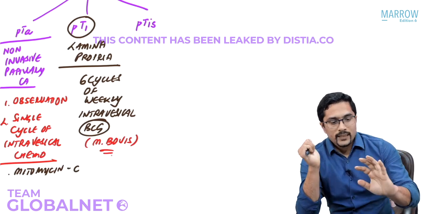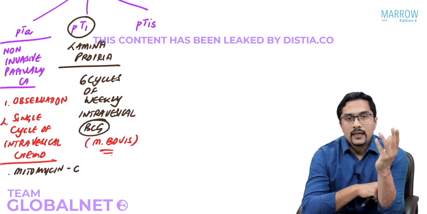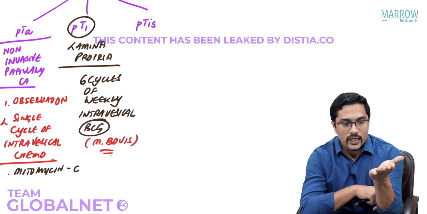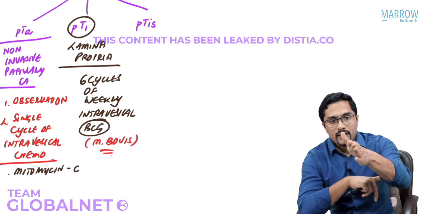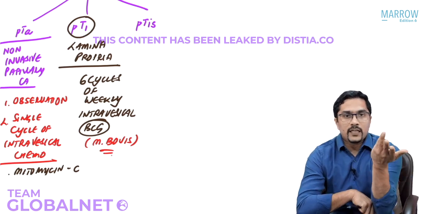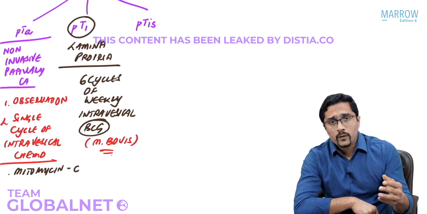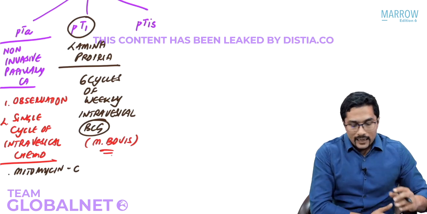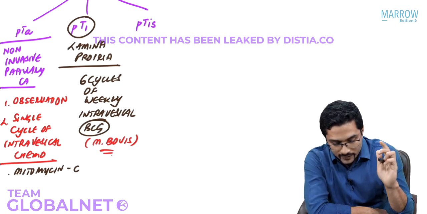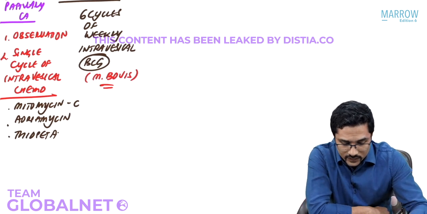So you put in a Foley's catheter, you put this drug through that, and you ask the patient to change position every 15 minutes. So 15 minutes patient is supine, 15 minutes on one side, 15 minutes on the other side, 15-20 minutes in the prone position, so that it coats all the area of the bladder, and then the patient is asked to evacuate. So 6 cycles of weekly intravesical BCG.